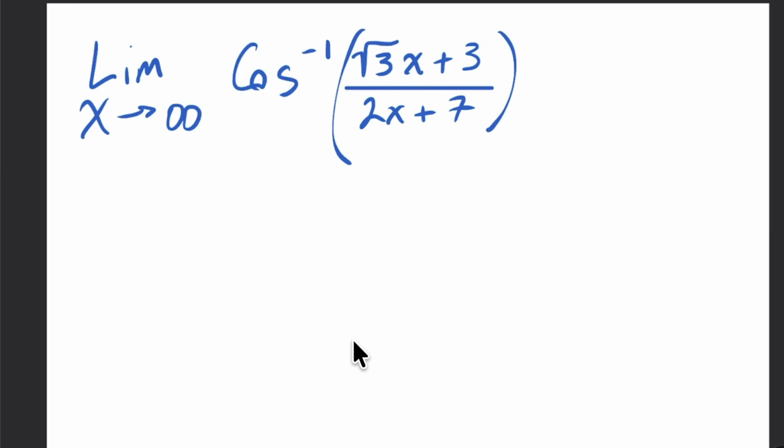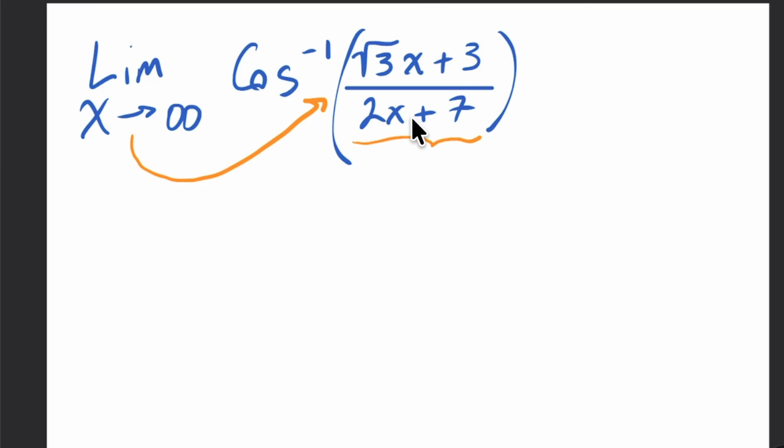Next, we have the limit as x approaches infinity of the inverse cosine of this rational function. So the question is, are we allowed to bring the limit inside? So that brings us to the question, does this limit exist as it approaches infinity? If you have a limit that's approaching infinity, we're looking at the end behavior.